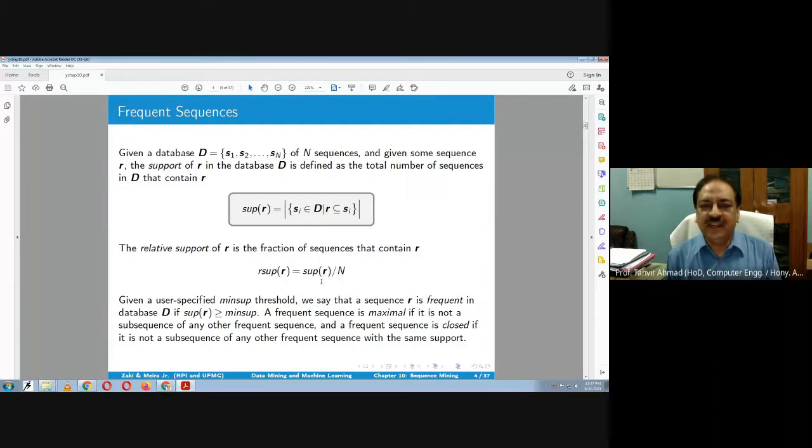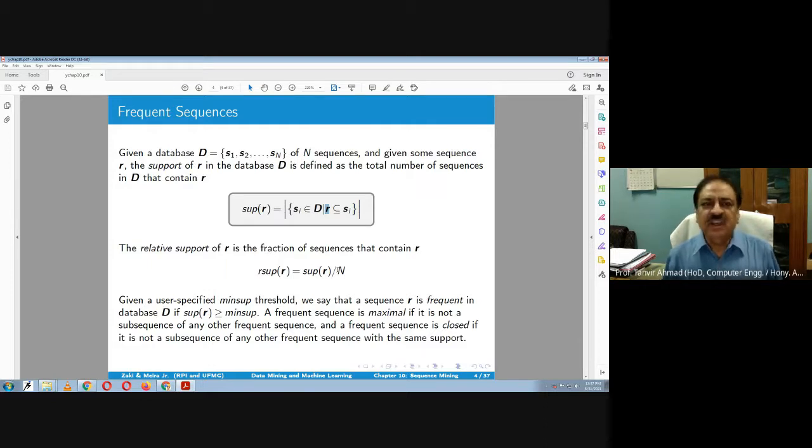R is the sequence for which we want to find whether it is part of Si or not. Now the support of this is given by some number. Suppose it appears 3 times, then the support of R is equal to 3.